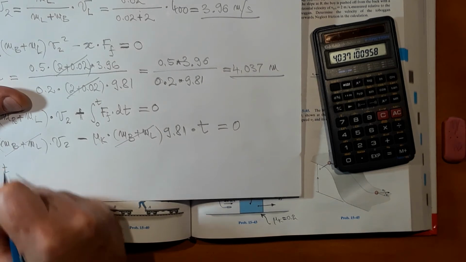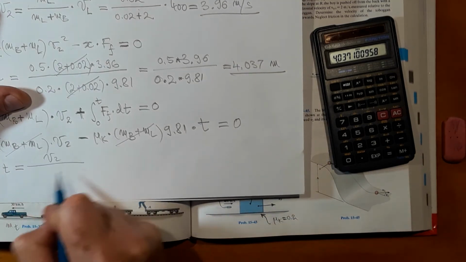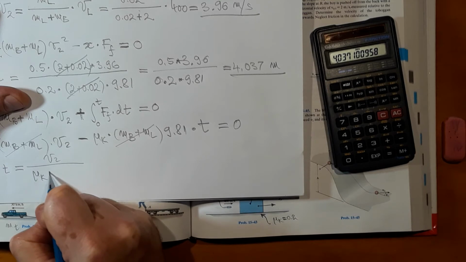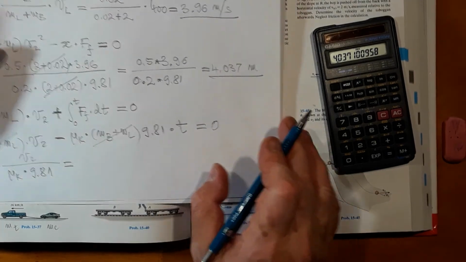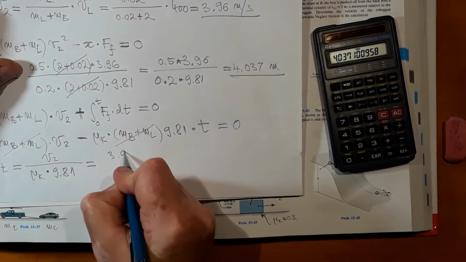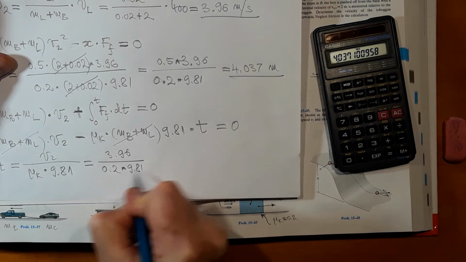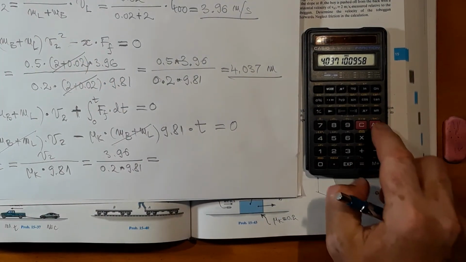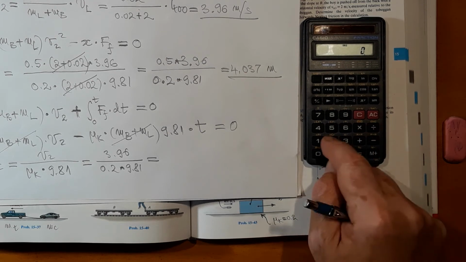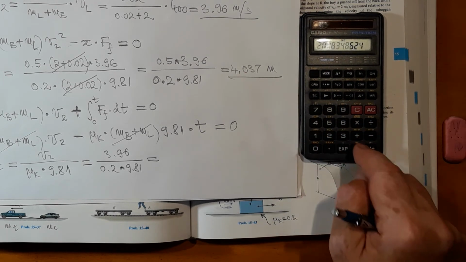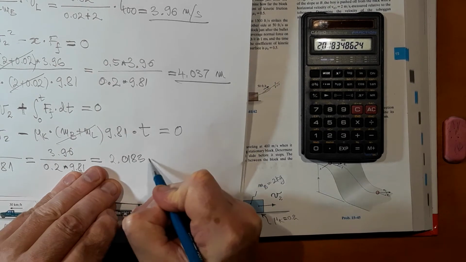We can calculate time to stop, so it would be V2 over coefficient of kinetic friction times 9.81, and V2 is 3.96 over 0.2 over 9.81, equals 2.0183 seconds.